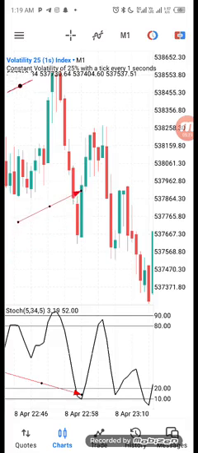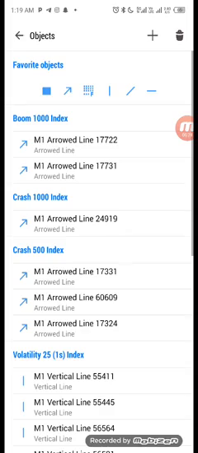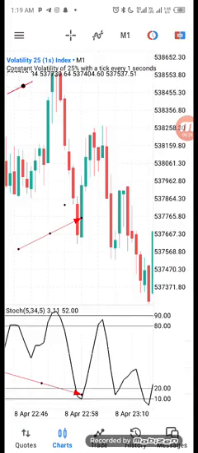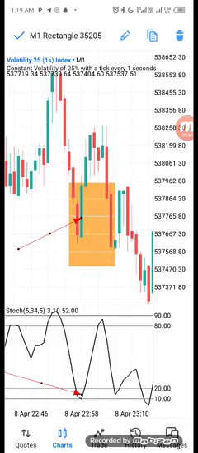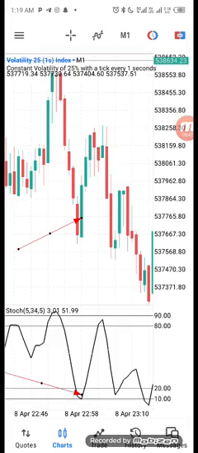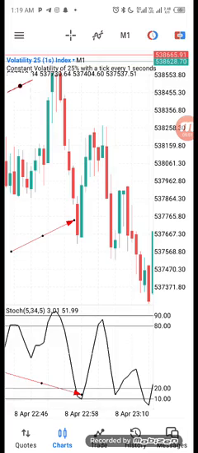These two formations are what we call bullish engulfing pattern. These two formations I'm highlighting here. Let me just take this out. This is the first formation, which is bearish.